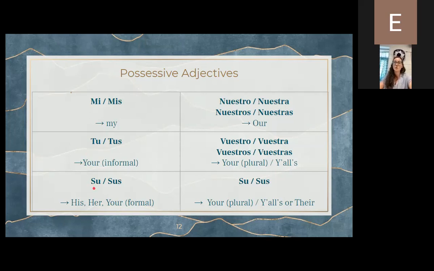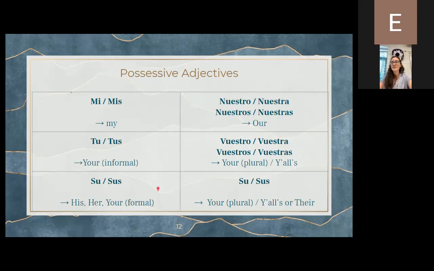And then we have su and sus, nuestro and nuestros, nuestra and nuestras, vuestro and vuestros, vuestra and vuestras, and then once again we have su and sus.